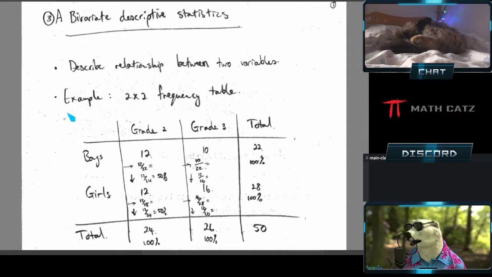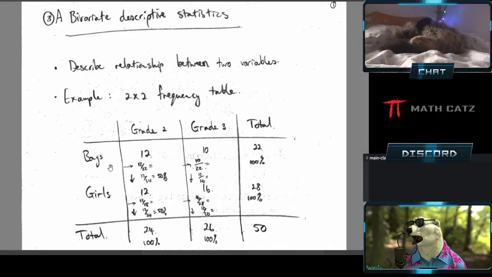Bivariate means two variables, but to keep things simple, for most of this discussion we're going to have variables that only have two possible values. Dichotomous, they call it. But this can be extended to more. That's not really effective for our introduction.